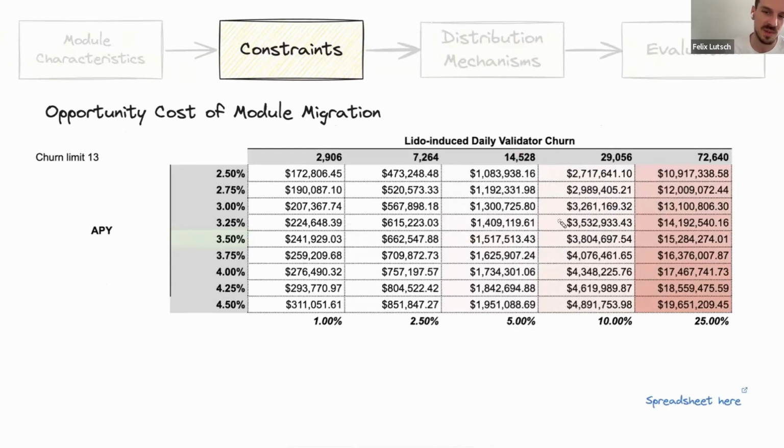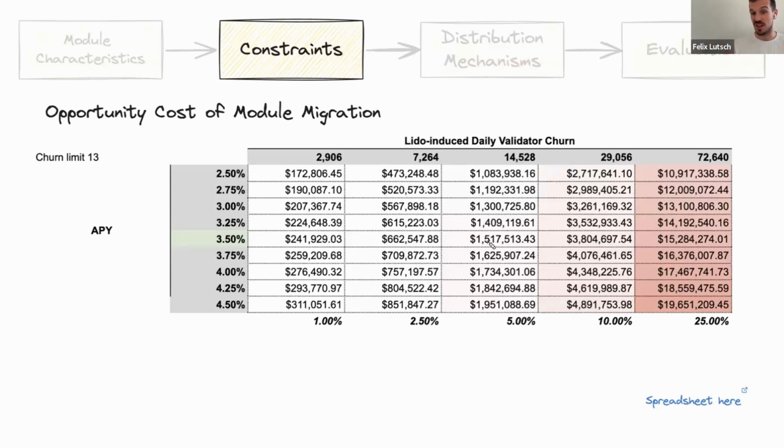This sheet has a bunch of inputs that I updated yesterday, and at the currently prevailing 3.5% APY, it would cost almost 1.5 million in opportunity cost to stETH stakers, the collective of stETH stakers and their Lido DAO. That is lost basically by validators being idle in this migration process.